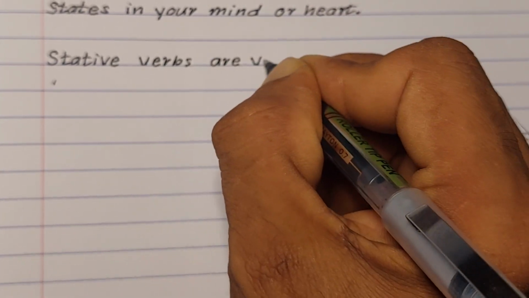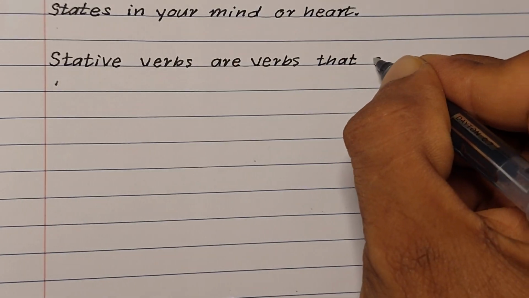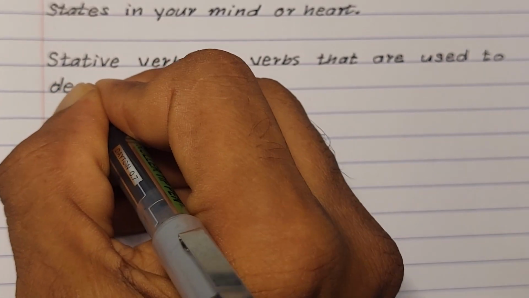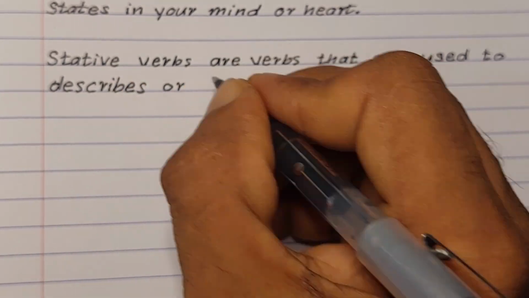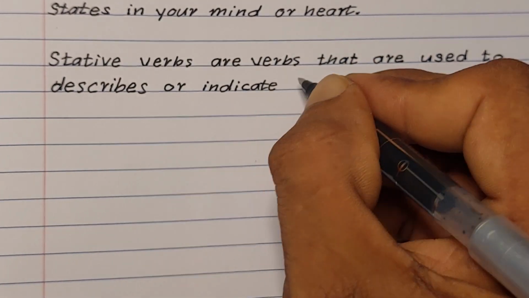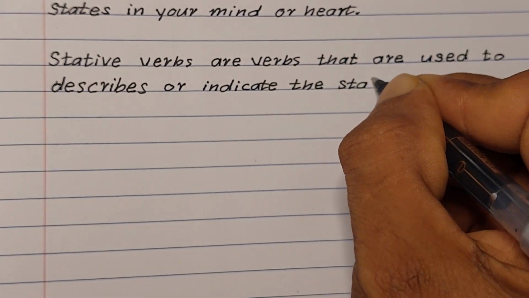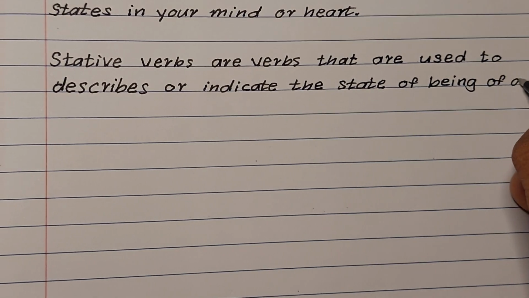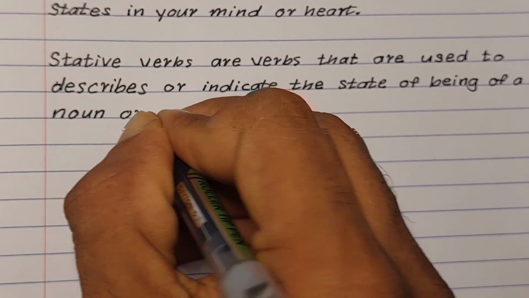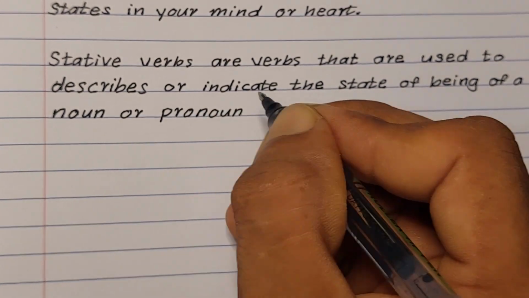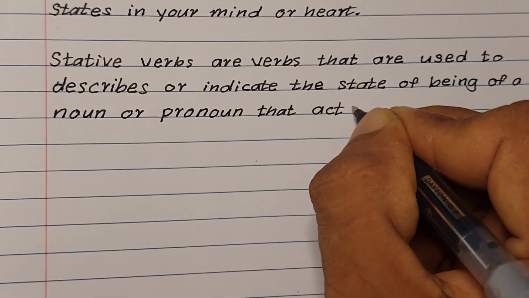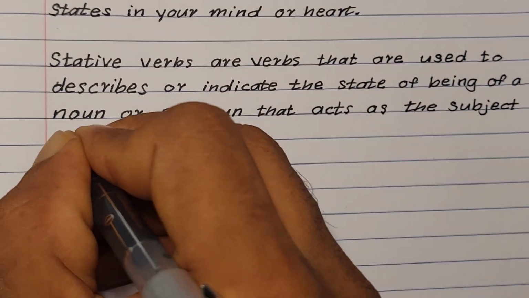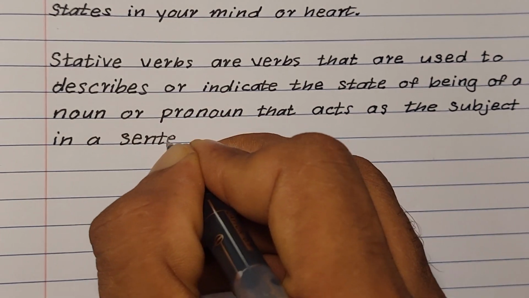Stative verbs are verbs that are used to describe or indicate the state of being of a noun or pronoun that acts as the subject in a sentence.